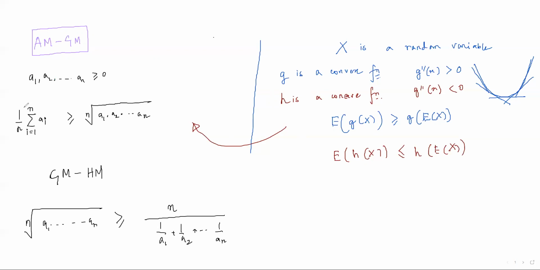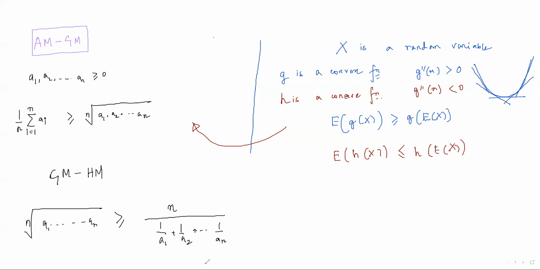Sorry, AM-HM, yes. AM is greater than or equal to GM, and GM is greater than or equal to HM. Yes, it's this only. So this is greater than or equal to this. AM greater than or equal to GM greater than or equal to HM. So prove this. It's pretty interesting.